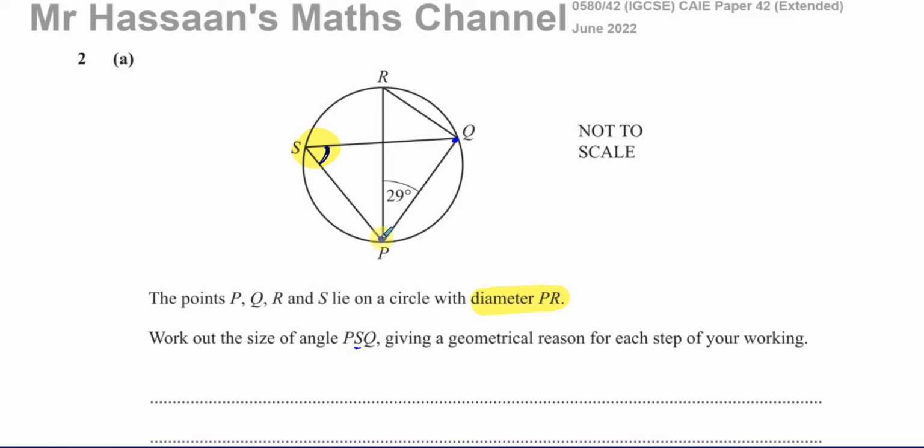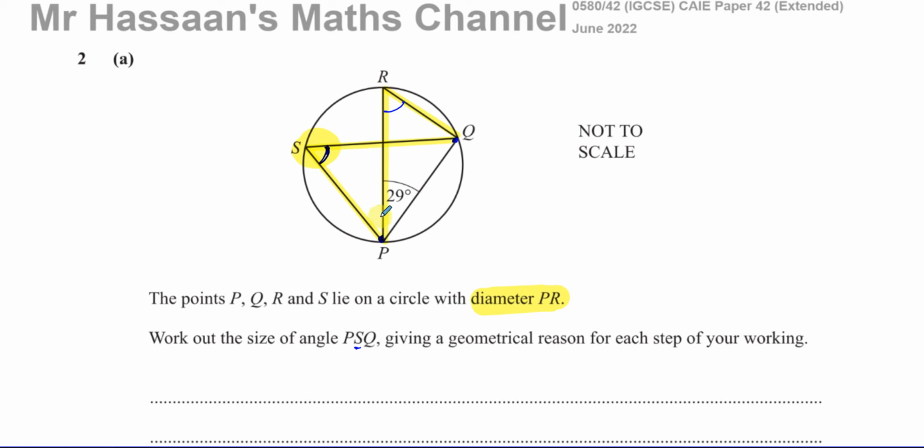If I just draw a diagram here to illustrate, we can see that this is PSQ. Another angle that starts at P and ends at Q, so standing on PQ, would be the angle PRQ. Now PRQ and PSQ both stand on the same arc, which is PQ. So we can see that PRQ and PSQ are going to be the same.